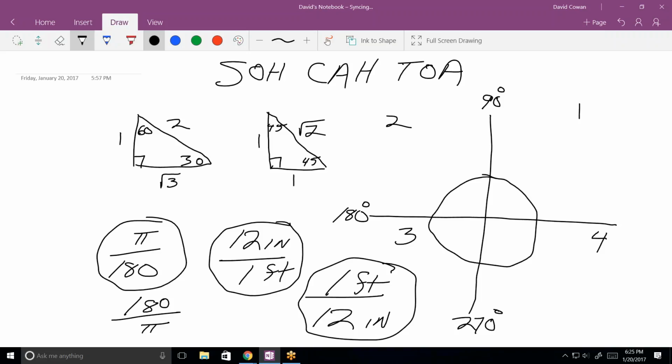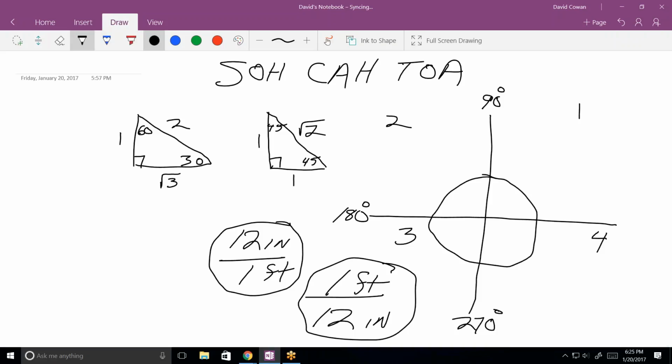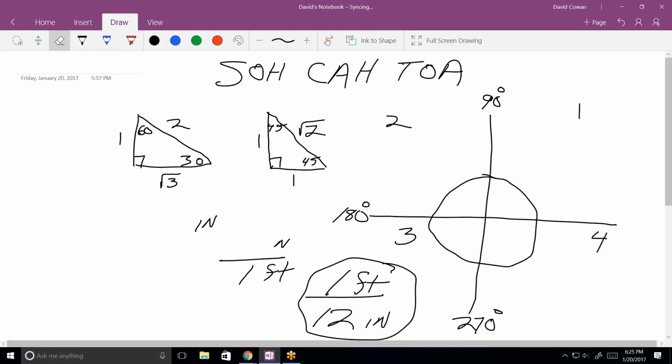Remember, you always are losing whatever units you're starting with, and you're trying to convert to the other. So in other words, if I said to you, how many feet is 36 inches? Well, you're not going to use this one, because that's 36 inches, and inches don't cancel. I would use the one on the right.